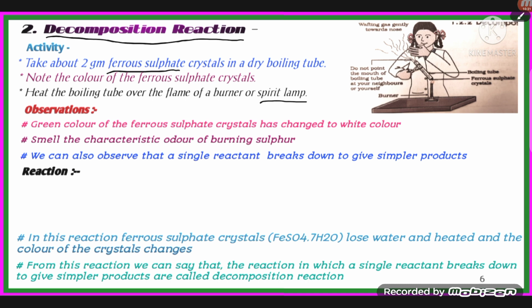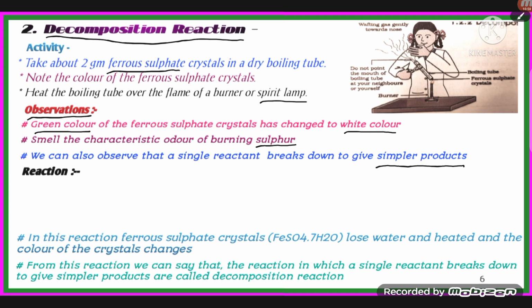Observation of this reaction. We observed the green color of the ferrous sulfate crystals has changed to white color. Smell the characteristic odor of burning sulfur. We can also observe that a single reactant breaks down to give simpler products.